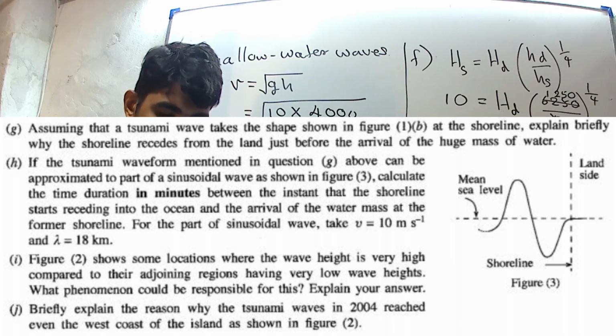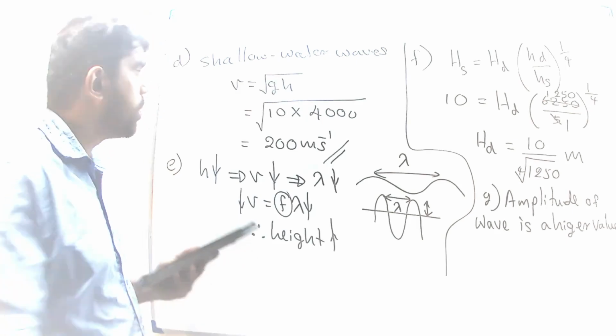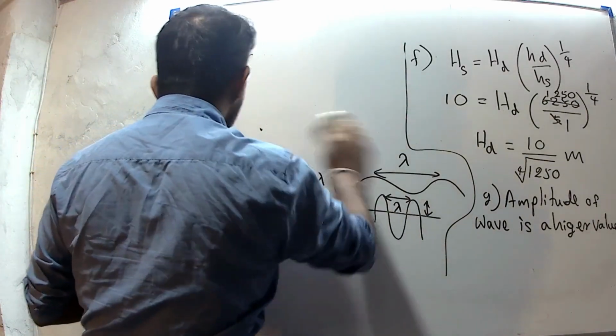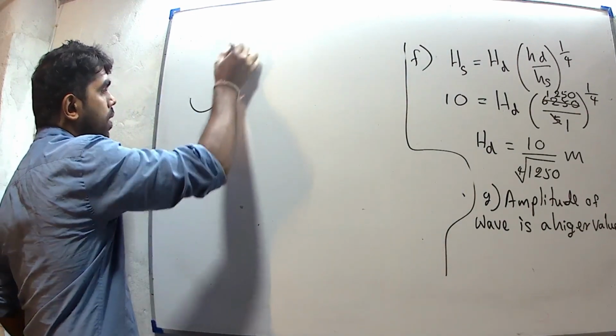From the sinusoidal wave, take v equals 10 meters per second and wavelength lambda is 18 kilometers. We can consider the corresponding waveform. It is like this.